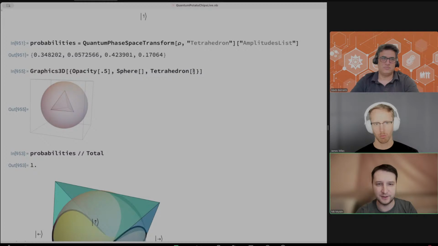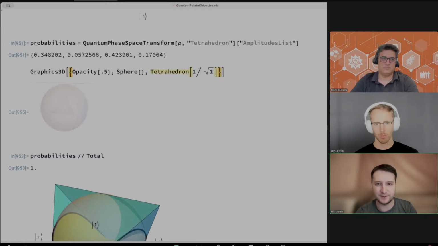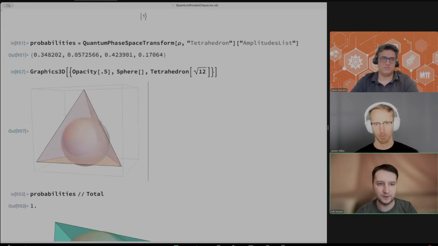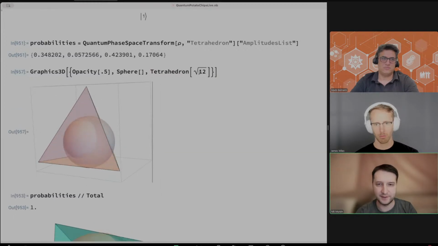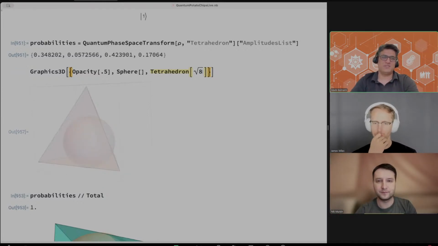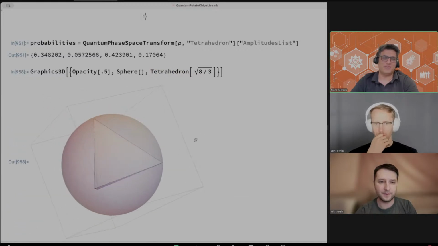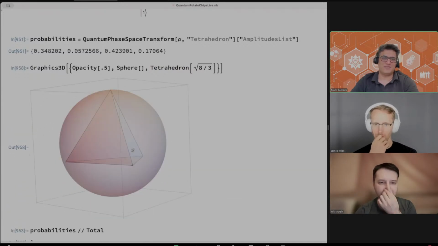Maybe what is the radius? I forgot the radius. Maybe it's the square root of something, going with the tetrahedron and then the inner sphere. That's the other way around. Yep, maybe.